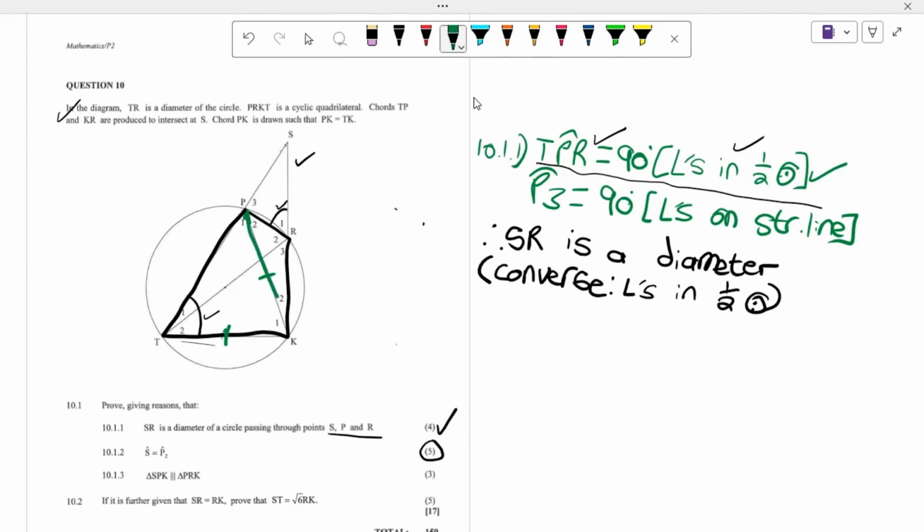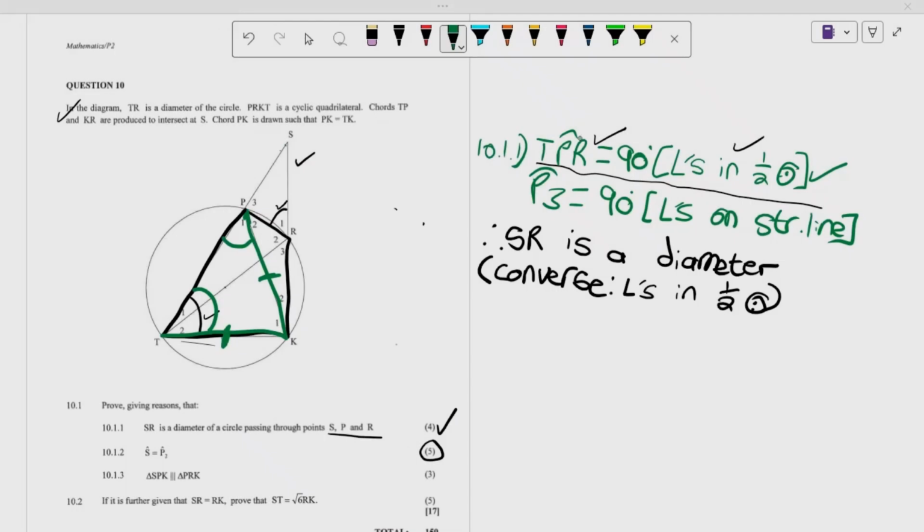Those who joined at the beginning, we discussed this. So now, if PK is equal to TK, that means P1 is also equal to this guy, PTK.